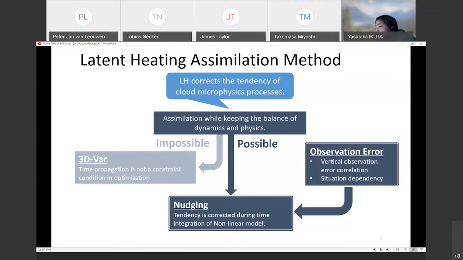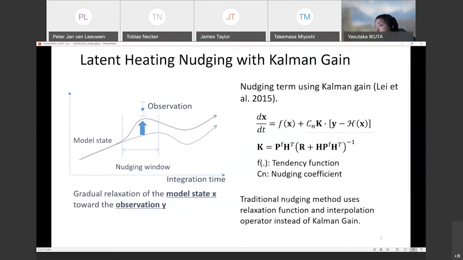In this study, we use observation errors that include the particle correlation in the nudging method. In the nudging method, the model state is gradually relaxed towards the observation. The amount of correction is given by the nudging term during the time integration. So we use a nudging term that includes the Kalman gain. In many cases, traditional nudging methods use a relaxation function and interpolation operator instead of the Kalman gain.